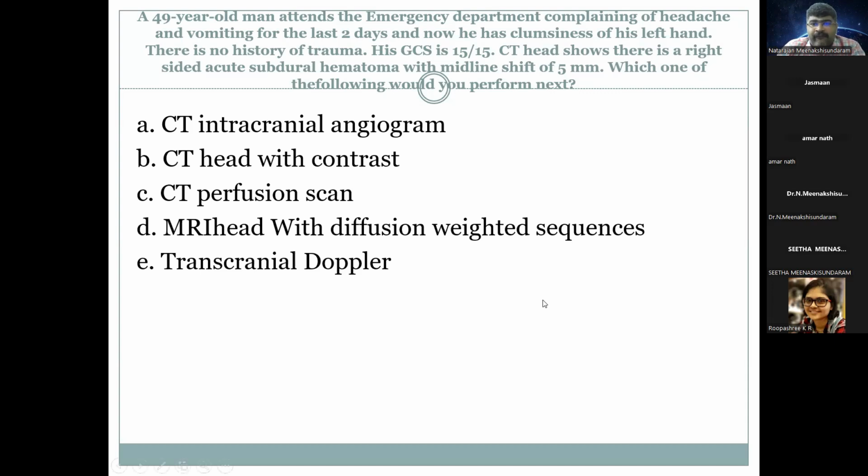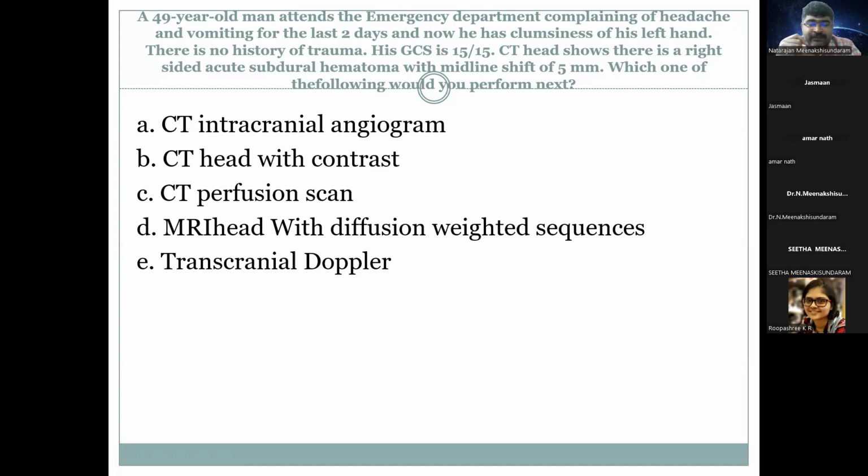When you have a spontaneous SDH, always remember that we need to go ahead with an angiogram. That is the most important thing. The first thing that needs to be ruled out is an aneurysmal rupture, and the commonest is the posterior communicating artery.